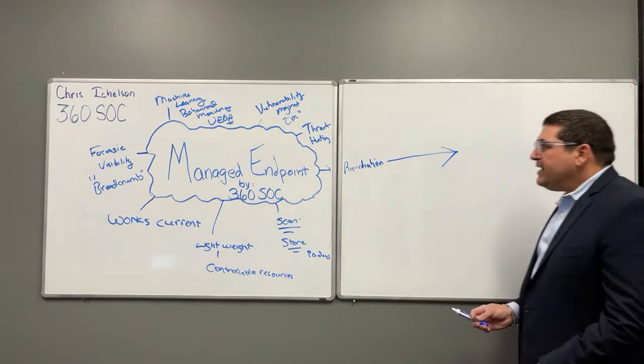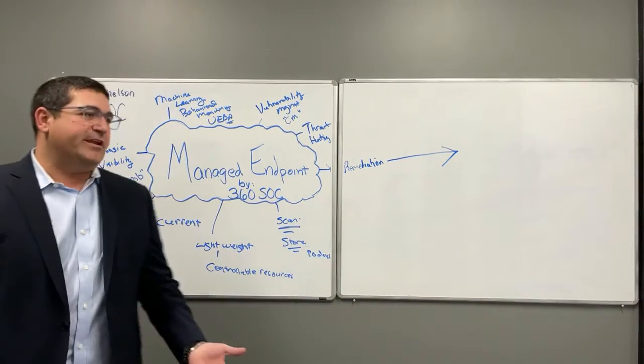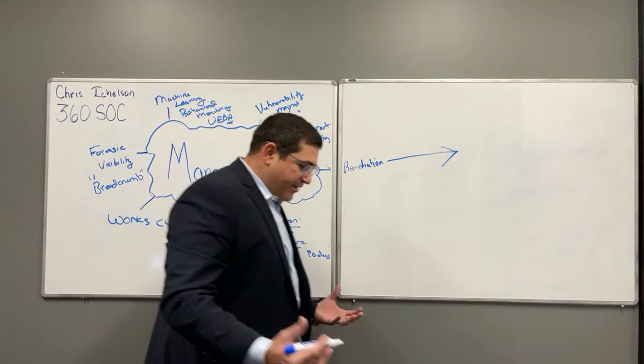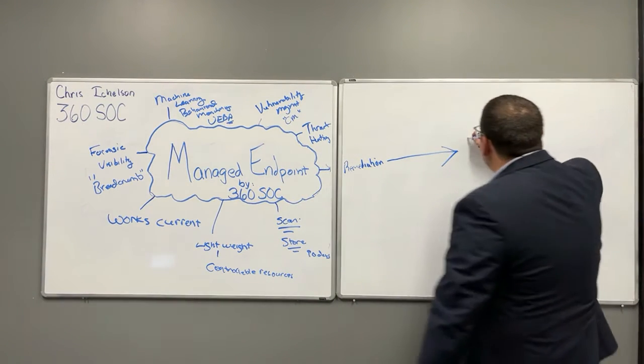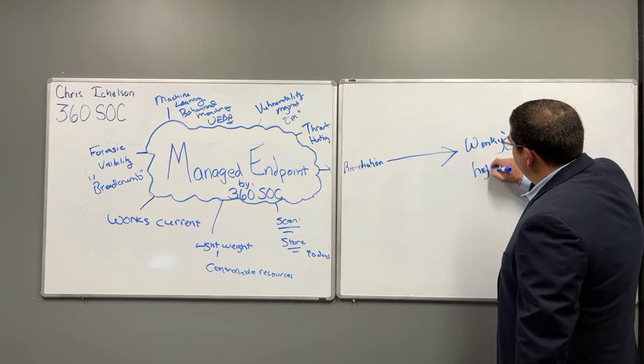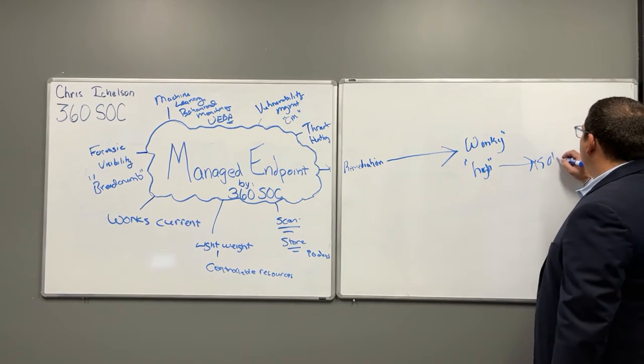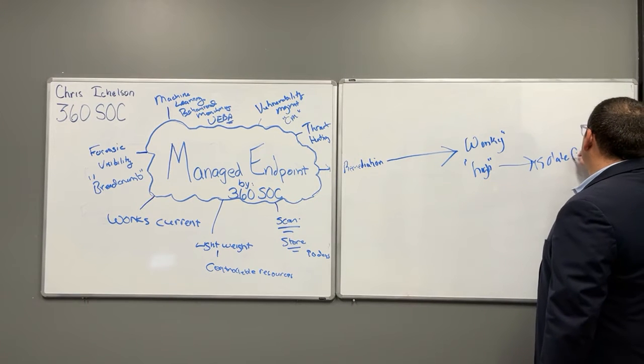So from a remediation standpoint, something wonky ends up on the device. What do we do with it? Well, that's a great question. If it's wonky, and it's wonky high, we're going to go ahead and isolate this device for you for investigation.